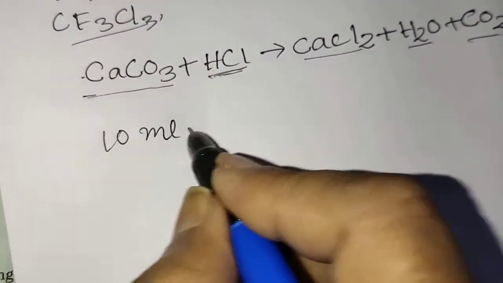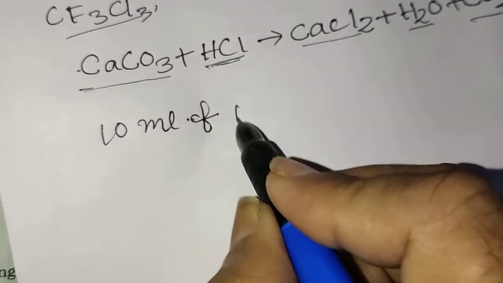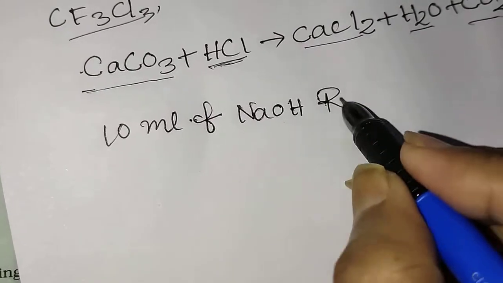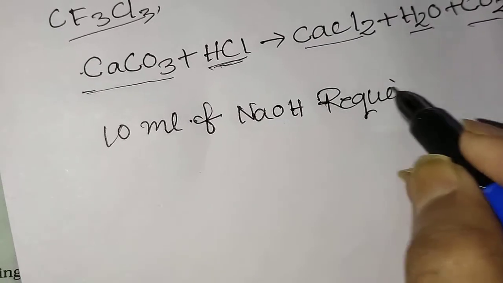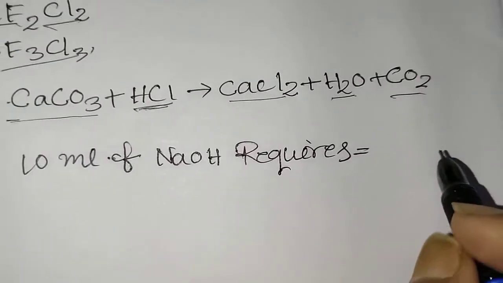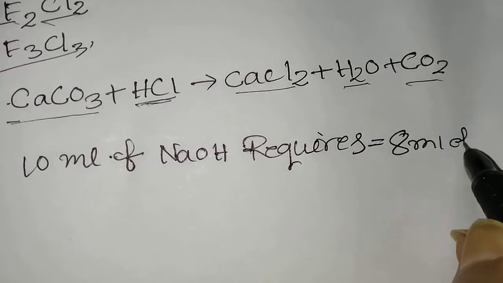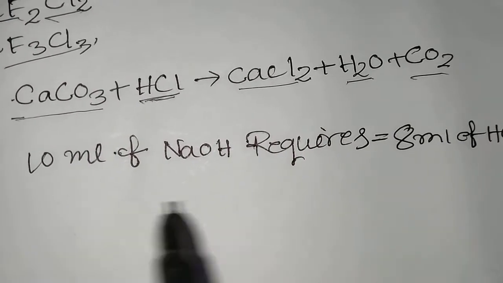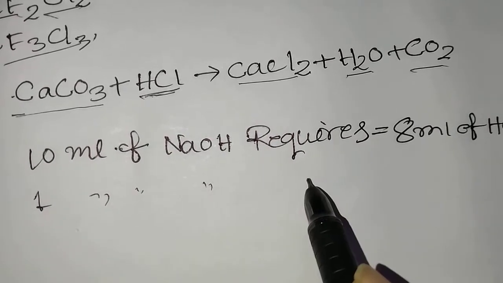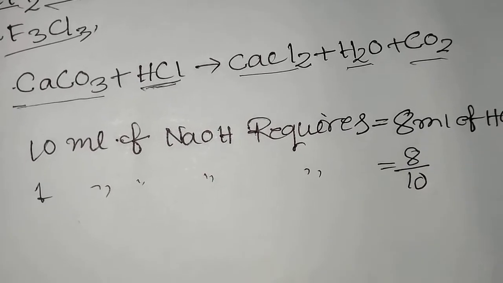10 ml of NaOH requires 8 ml of HCl. So 1 ml of NaOH requires 8 by 10.